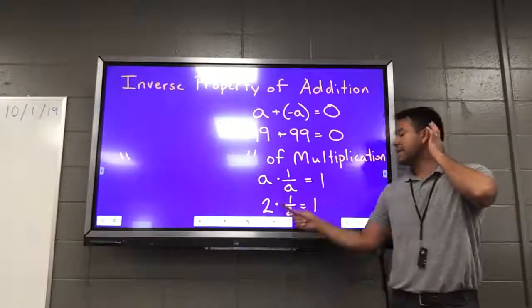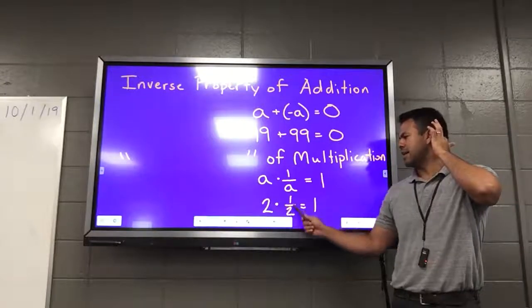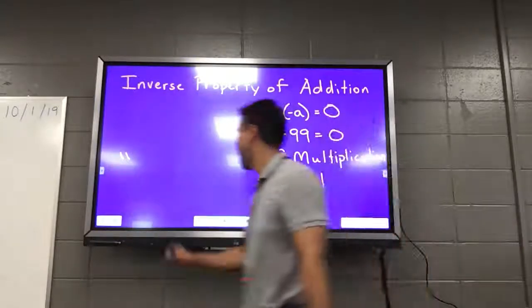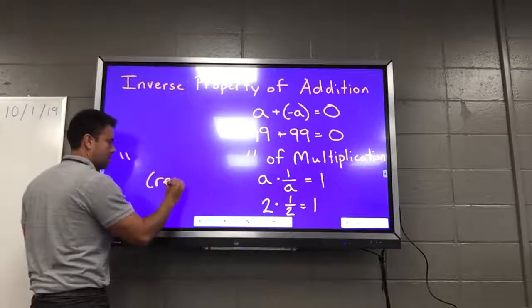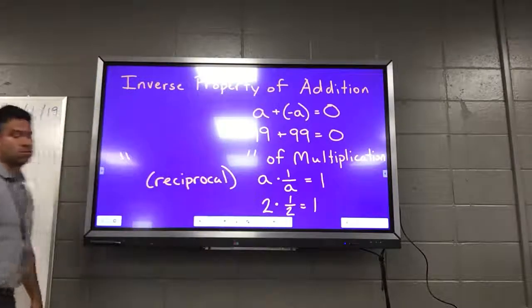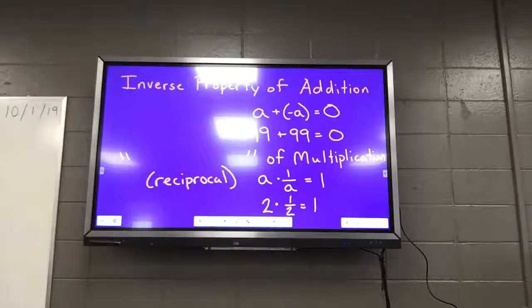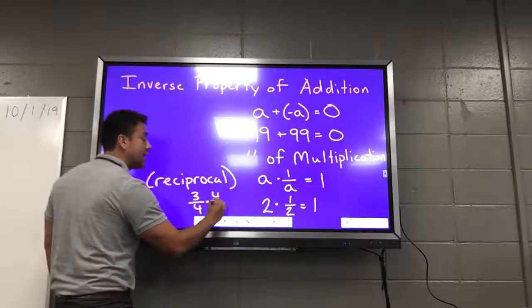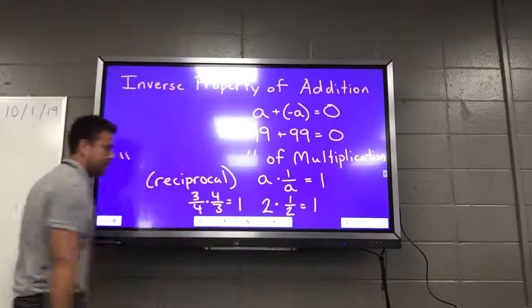Any number times its reciprocal. That's what we're talking about. Reciprocals. Let's take it a little bit further. What's the reciprocal of 3/4? So 3/4 times its reciprocal gives me what?